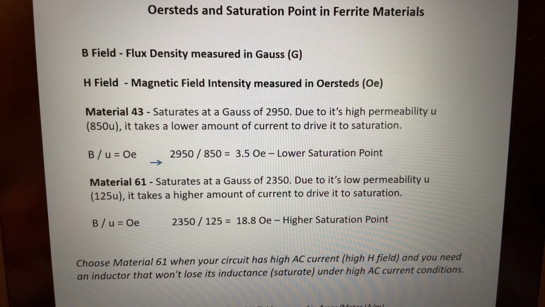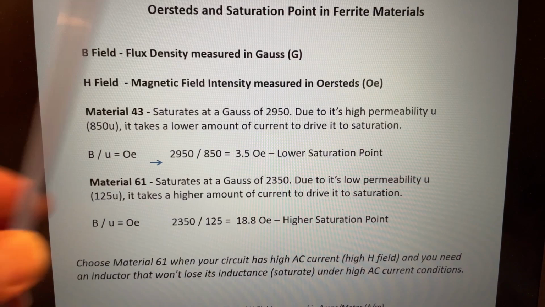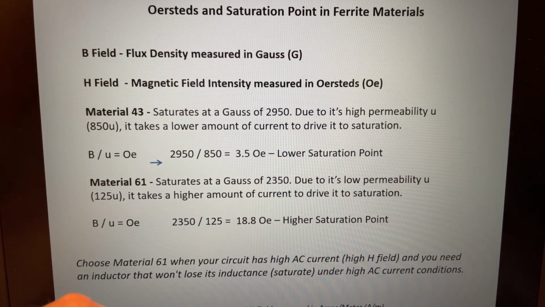Now, another standard would be, instead of using Gauss, you could use Tesla. I see some of the new data sheets using Tesla, and instead of using Oersteds, now they're using amps per meter, A/m.